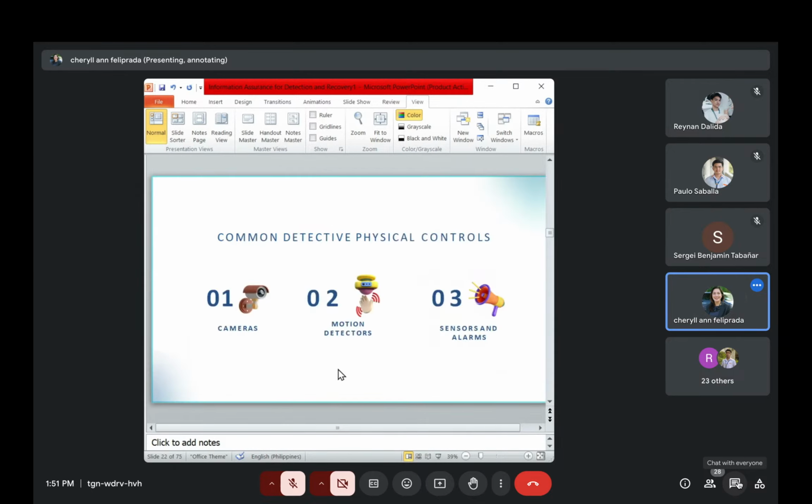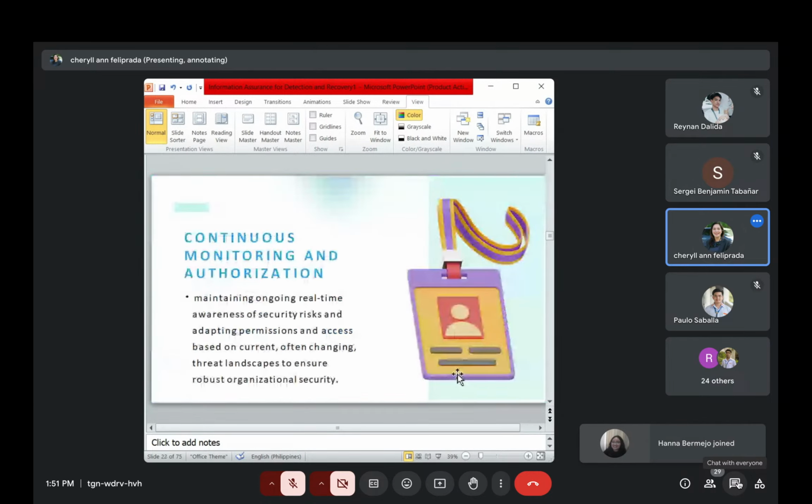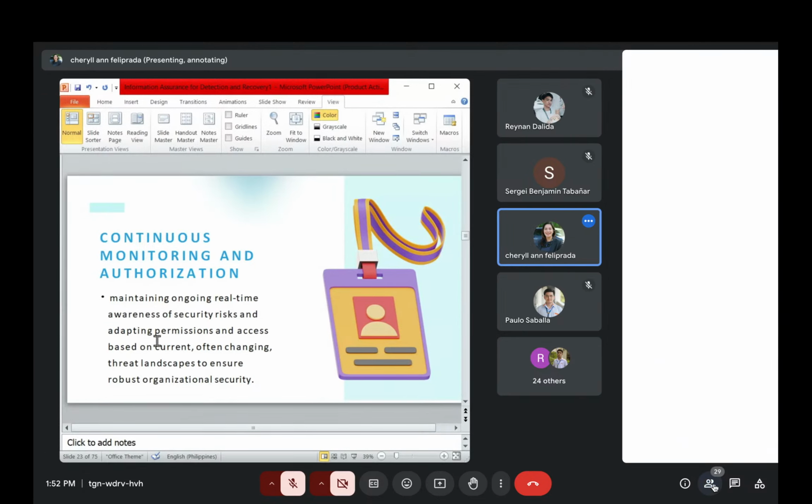Common detective physical controls include cameras, surveillance, motion detectors, sensors and alarms. Motion detectors are used in unmanned computing facilities. They provide an alert in the event of intrusion.